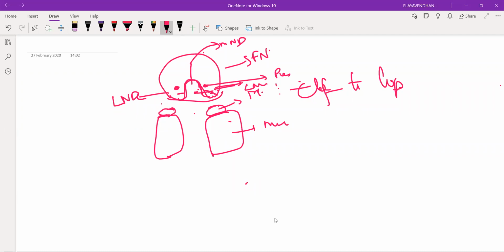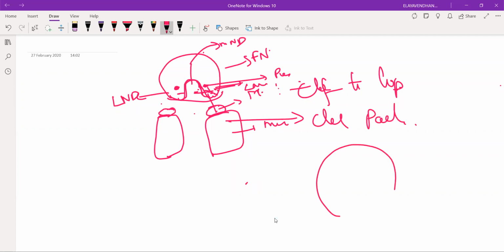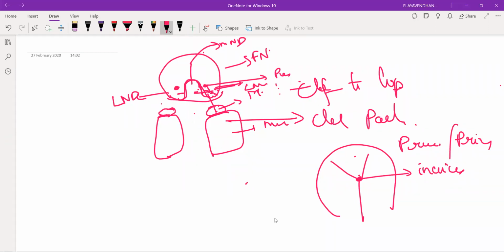Failure of fusion of the frontonasal process with the maxillary process results in the cleft palate. Again, if you see the palatal formation, it is like a Y shape, and this is called the incisive foramen. Before the incisive foramen, it is called the prepalatal structures or the primary palate. Behind the incisive foramen, it is called the secondary palate.